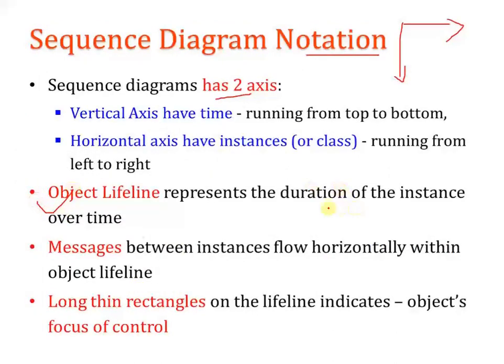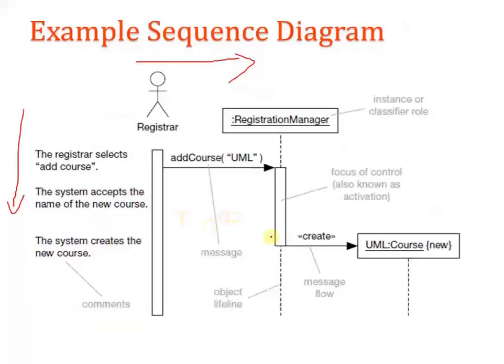This represents the duration of an object over time. You can see in this diagram, the lifeline is represented as dotted lines. It starts as soon as the object is created and continues until the work of the object is over, after which the lifeline is destroyed. Remember students, it is denoted as dotted lines in a vertical fashion.